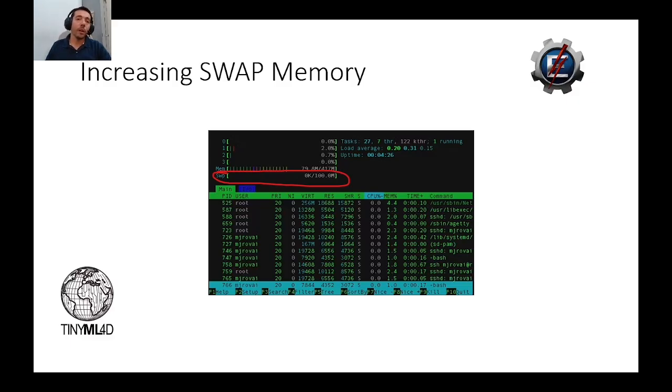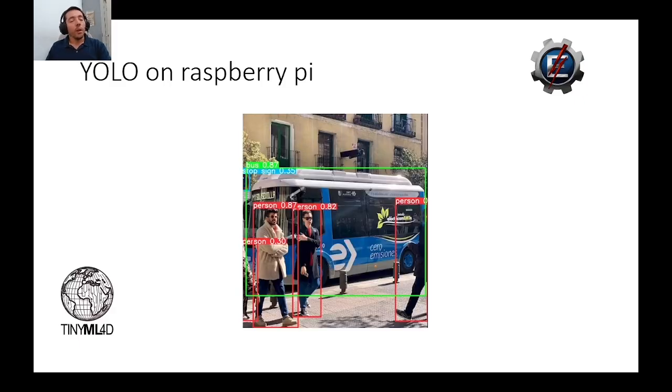This is very important because YOLO V8 is a heavy model, and with the memory swap the performance increased. After that, we ran YOLO V8 inside the Raspberry, and as you can see in this test image, YOLO was able to detect all the different objects in the picture.